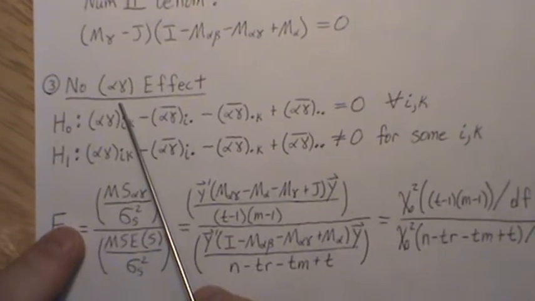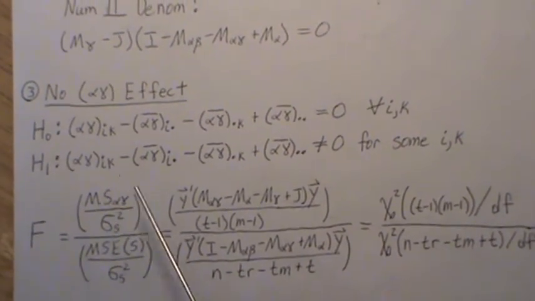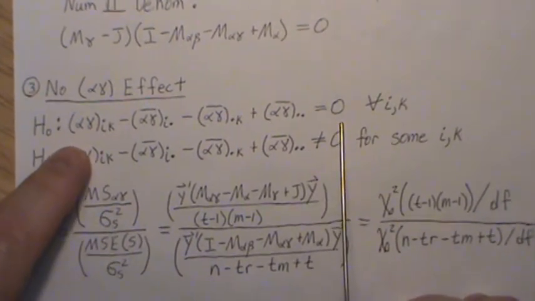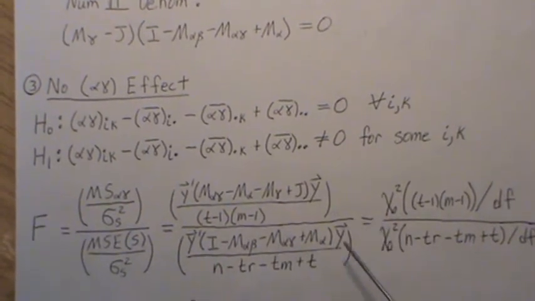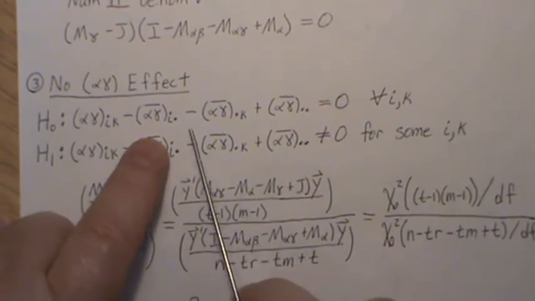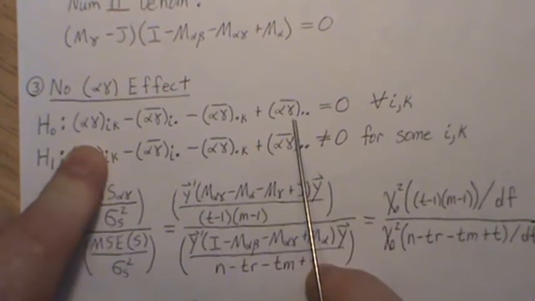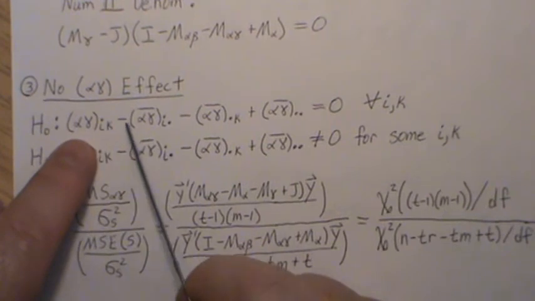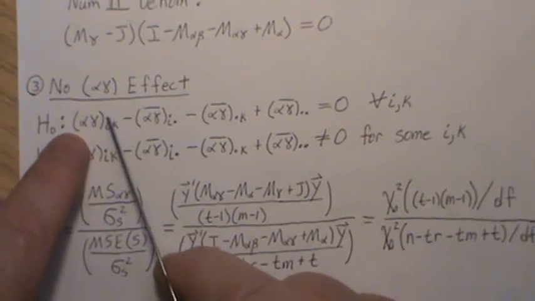Now, for no alpha gamma effect, so there's no interaction term, this has to equal 0. And the way this can be rationalized is if we add and subtract this mean to this piece here. Then we take each term ij minus the overall mean, and it has to be 0.